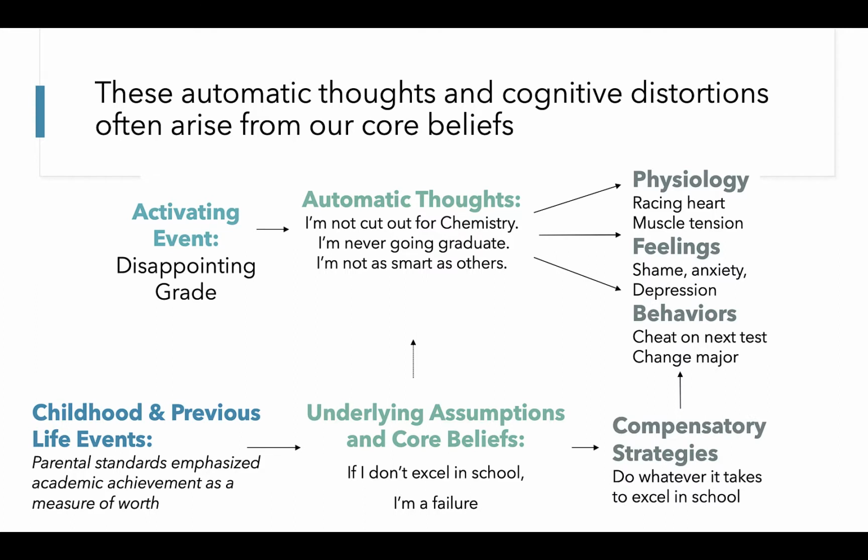This may have led this individual to develop compensatory strategies so that their behaviors and their achievements can align with their underlying assumptions and their core beliefs. Perhaps they develop the idea that they need to do whatever it takes to excel in school, even if the strategy is morally questionable or makes it so they avoid their true passion so they can achieve success over enjoyment.